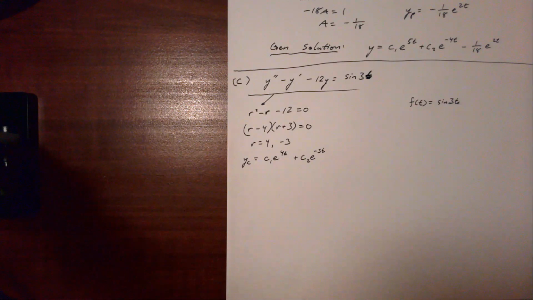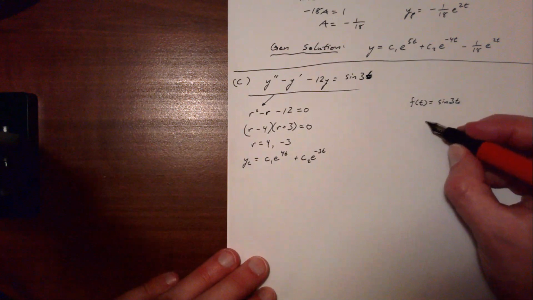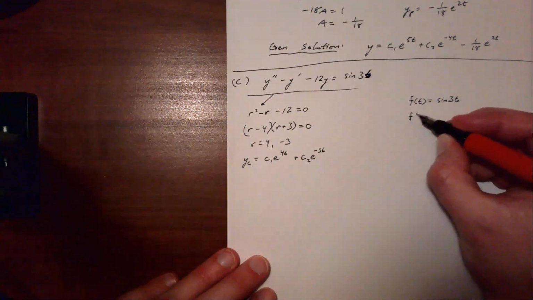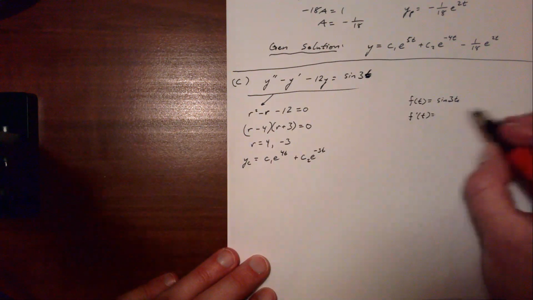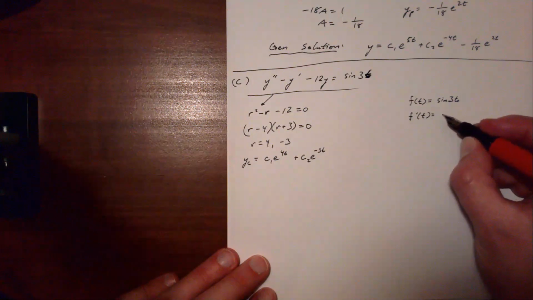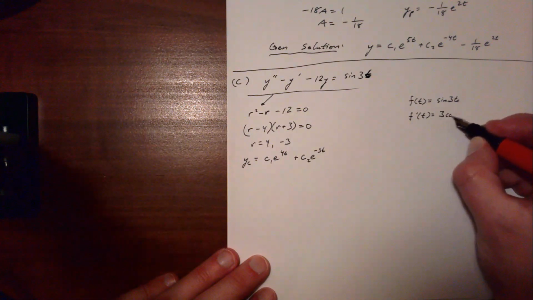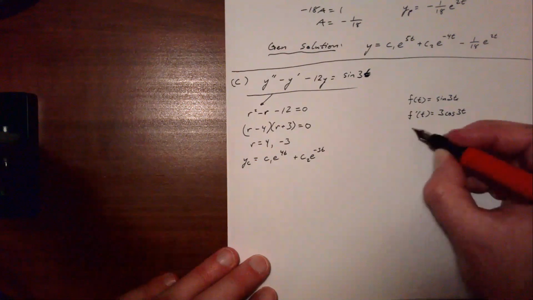Nothing is different if we use different letters. It's just different notation. So then f prime of t would be 3 cosine 3t.